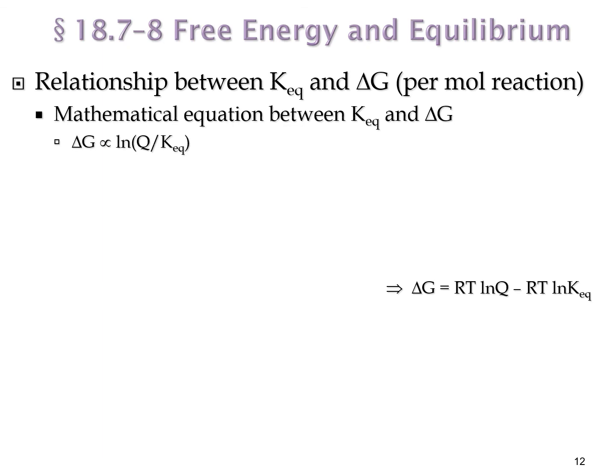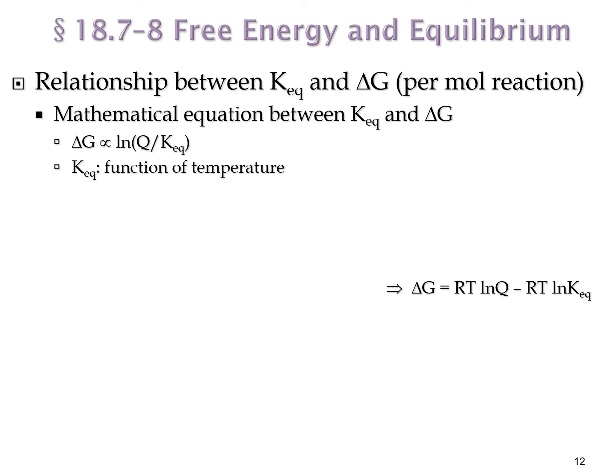Now that we have delta G directly proportional to the log of Q over KEQ, our next step is to try to have this proportionality with an equal sign. Before we do anything else, I would like to remind you, over time, I kept saying K is a function of temperature.